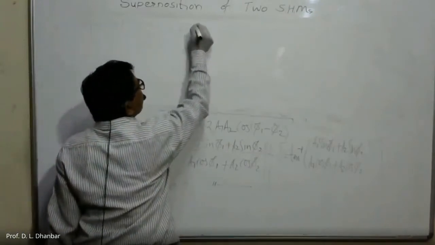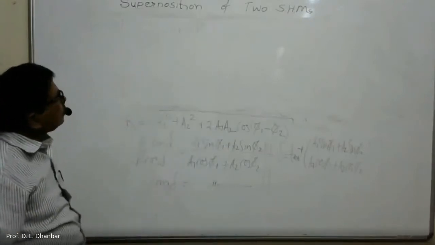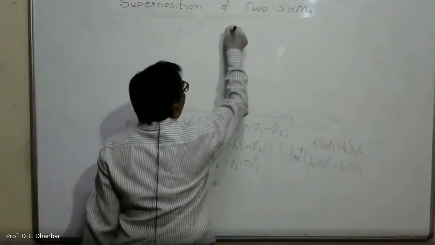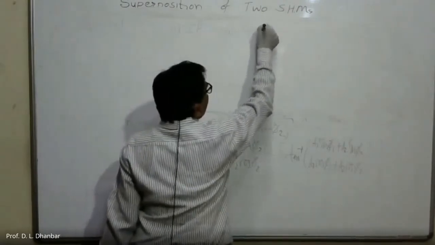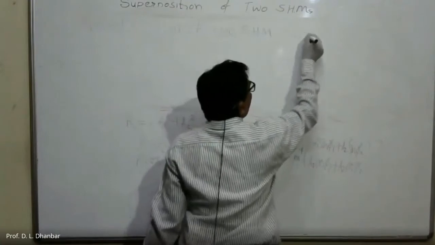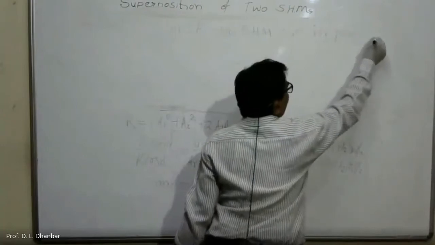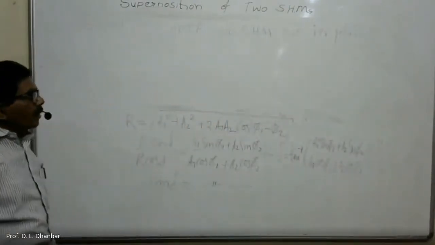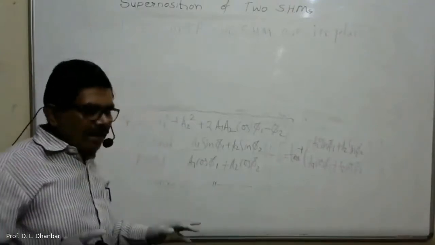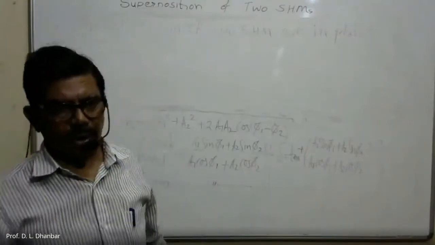The first case is, if two SHM are in phase, meaning both the simple harmonic motions are in phase, there is no phase difference between the two given simple harmonic motions.